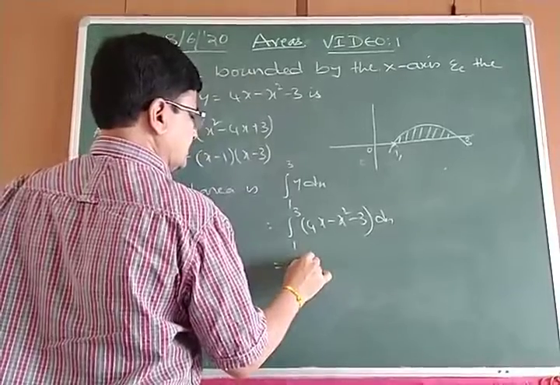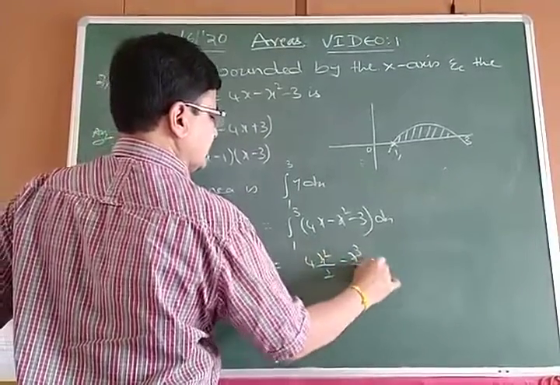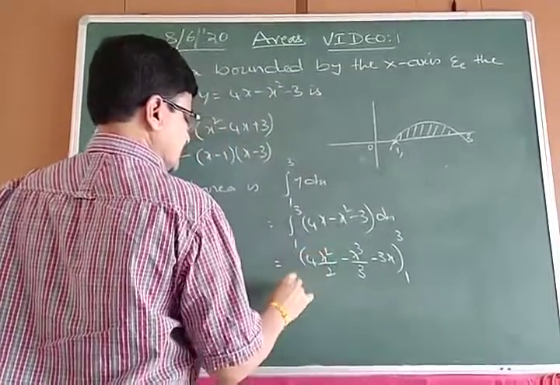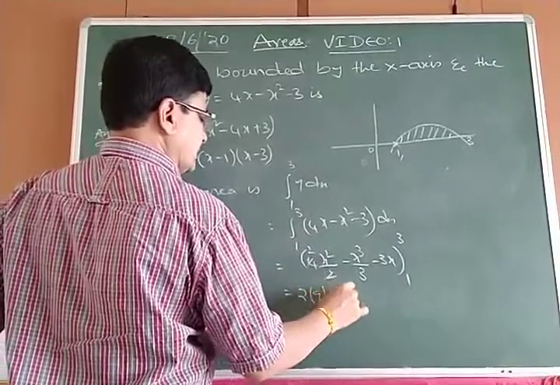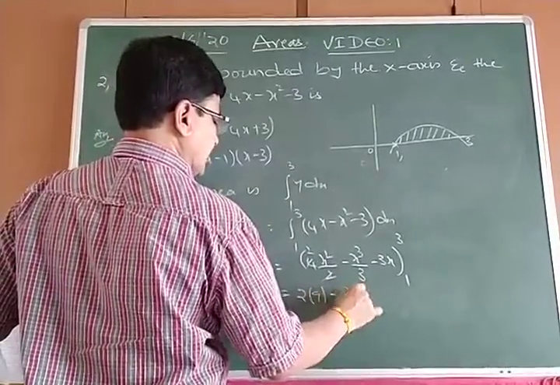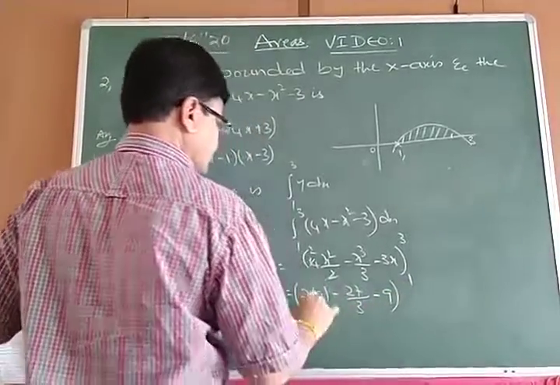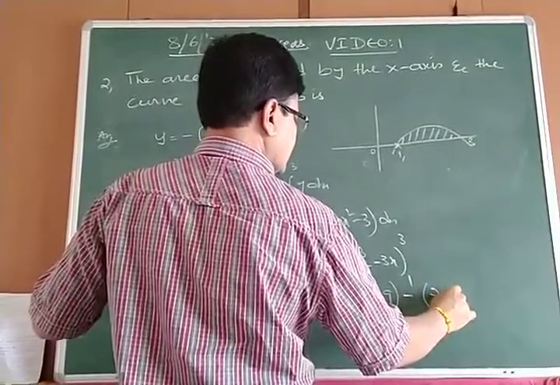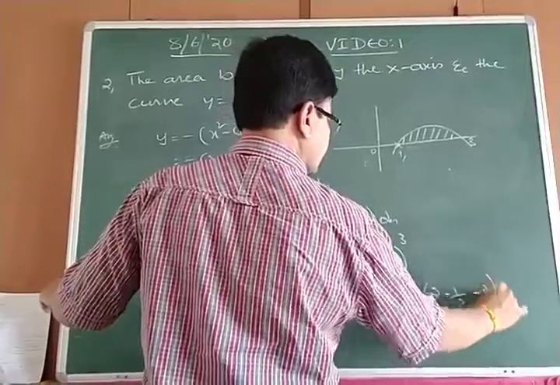That is equal to 4 into x square by 2 minus x cube by 3 minus 3x, from 1 to 3. So that is equal to 2 into 9 minus 27 by 3 minus 9. Lower limit is 2 minus 1 by 3 minus 3.